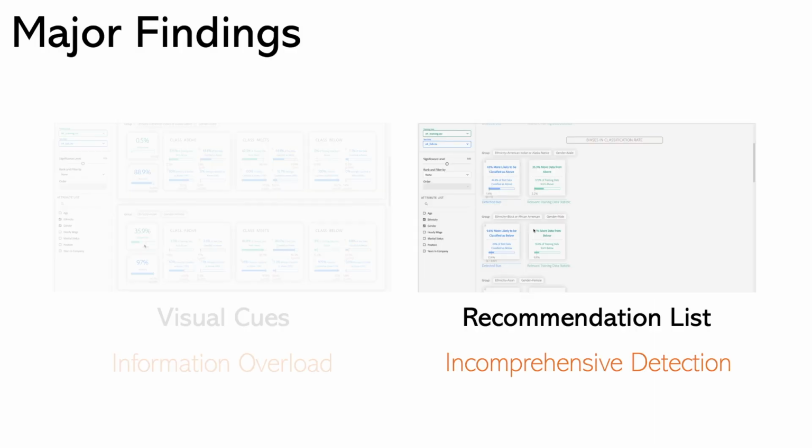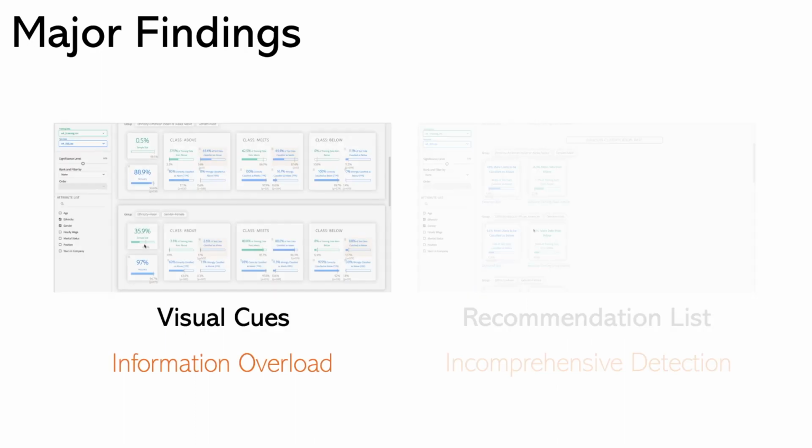So, any bias detection tool is imperfect and will miss some performance measures users care about. When users use a recommendation list, they tend to select the unreported performance measures less, although these performance measures can still be important. This can lead to users not being comprehensive in detecting model biases.